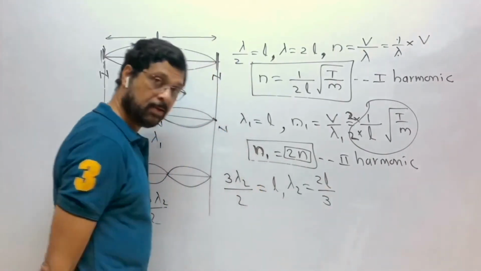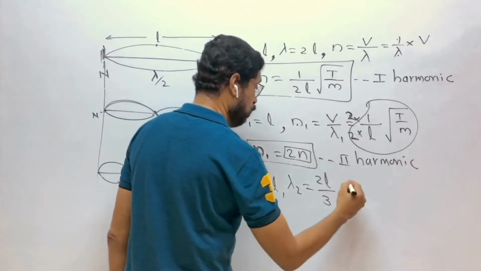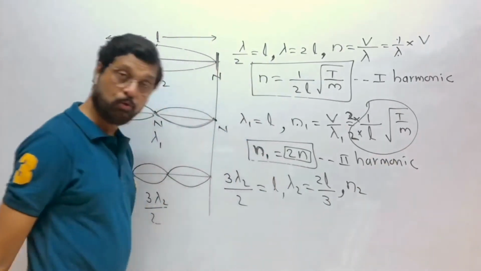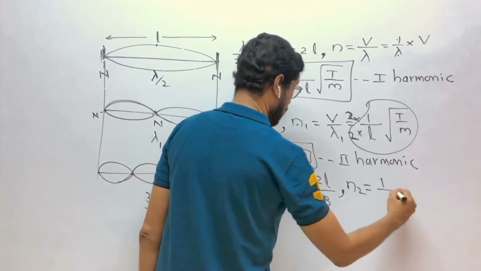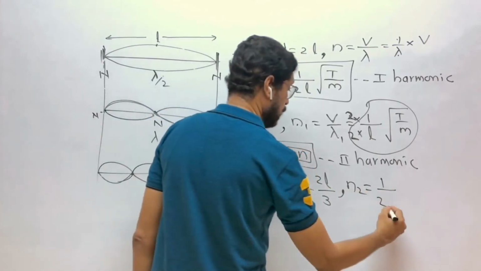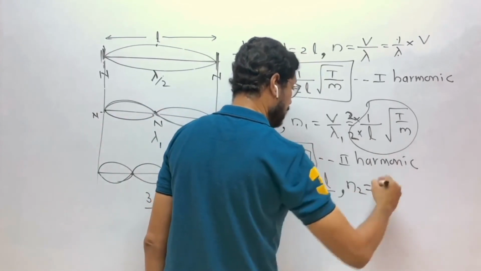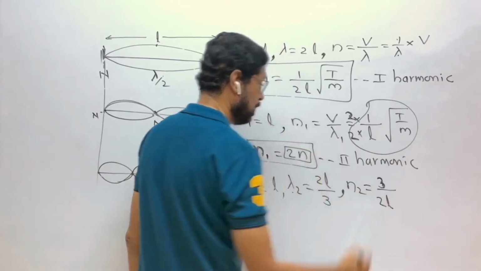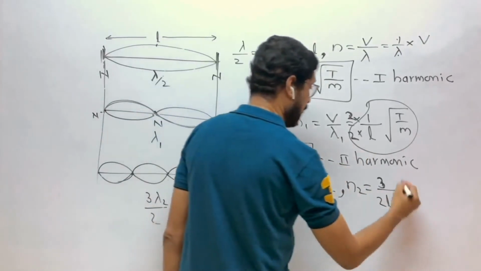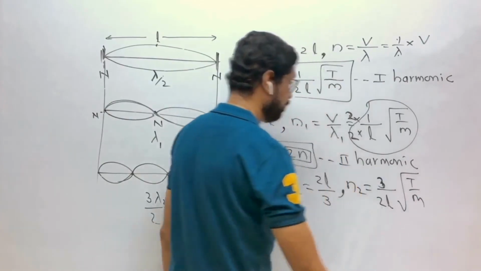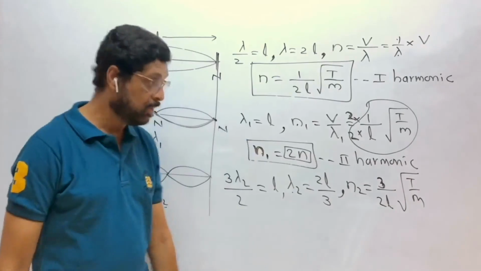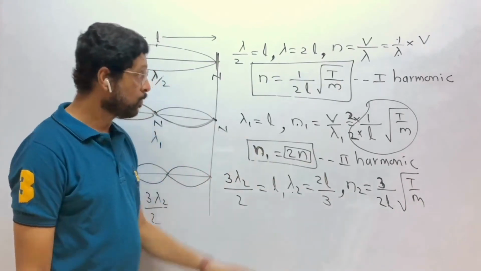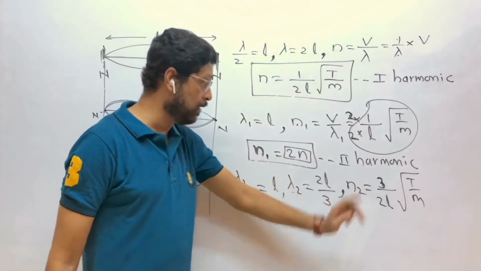So now the new frequency N2 will be equal to 1 upon lambda 2, that is 2L by 3, into V, that is under root T by M. So N2 is 3 upon 2L under root T by M. Check once whether it is correct, the same way as we did in the first 2 cases.